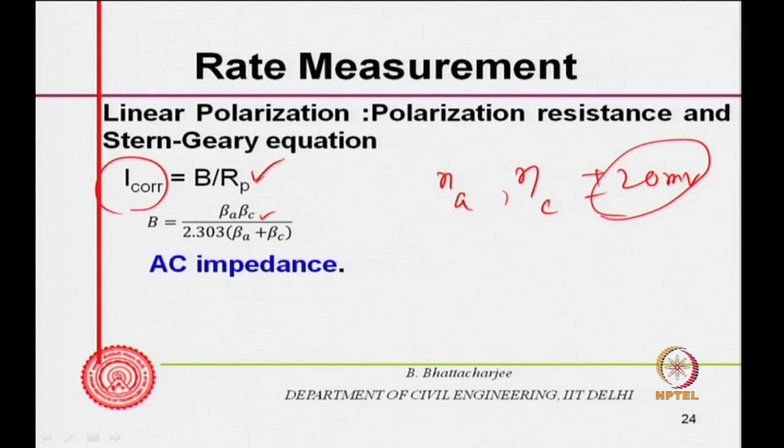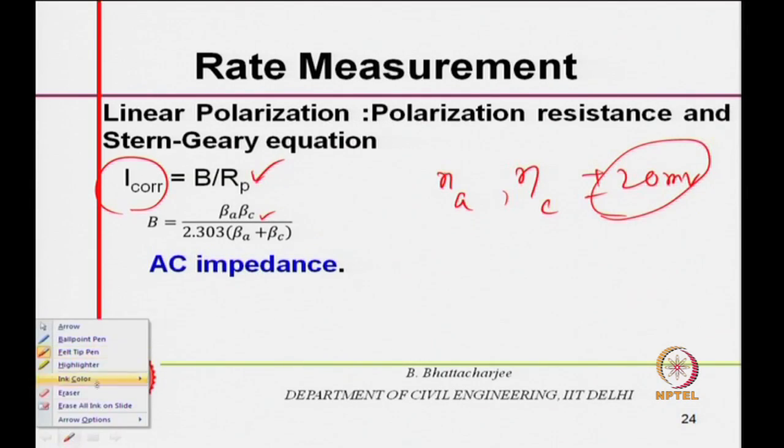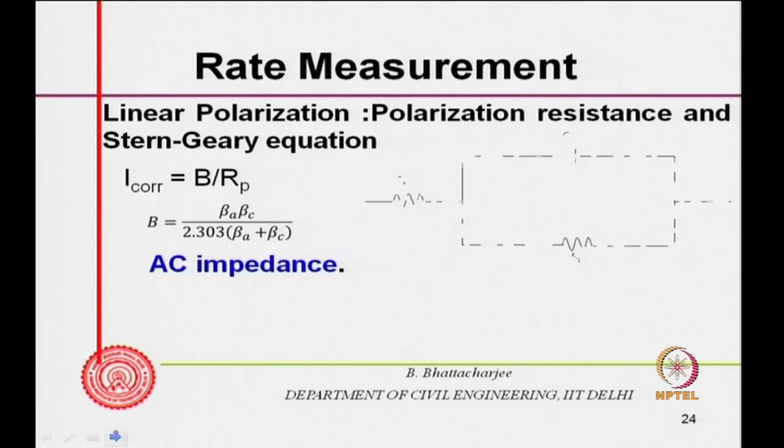But this R p I can also find out from AC impedance spectroscopy. In this, the electrical double layer, or the interface of the bar and the surrounding, is modeled as a capacitance and the polarization resistance. When you apply direct current, you only see the polarization resistance. When you apply an alternating current, the interface will have a capacitance, it can store and release charge.